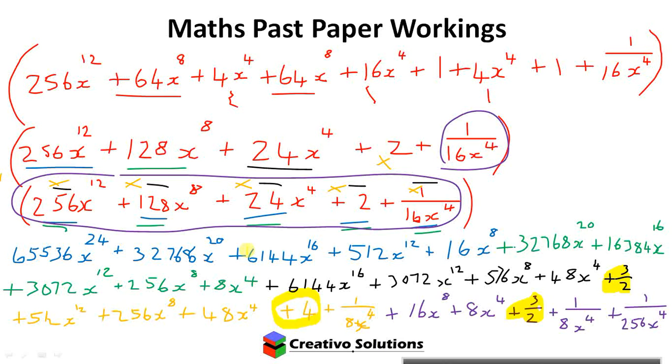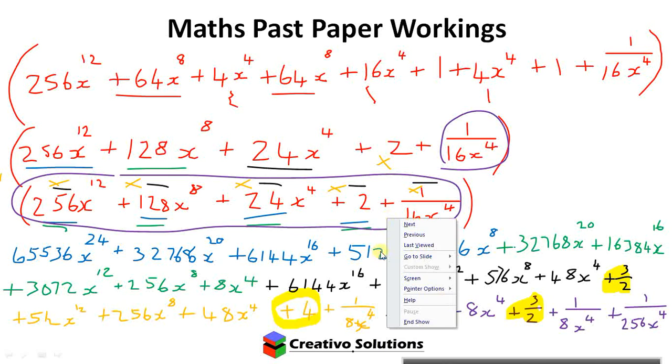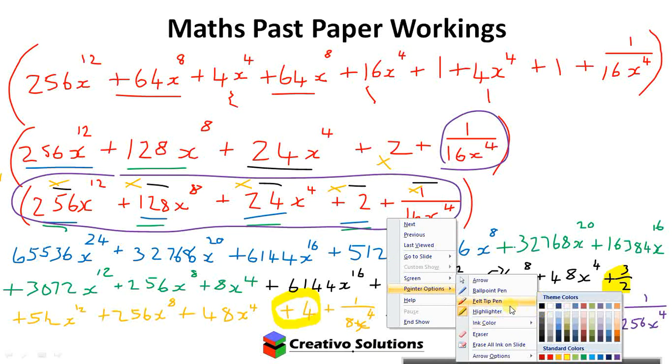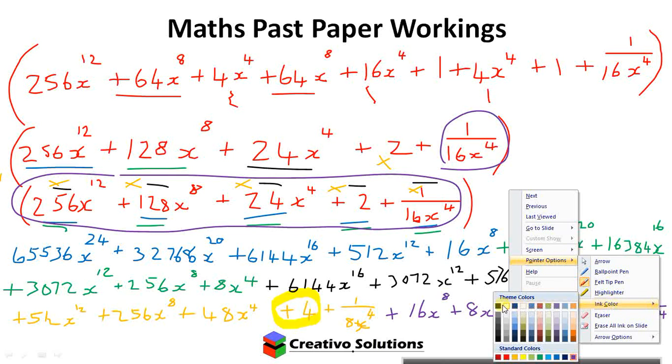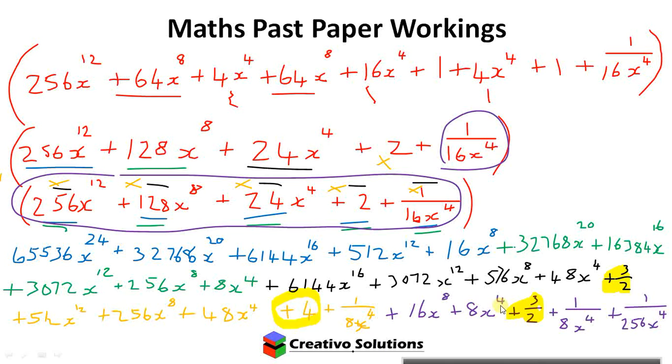Okay. Alright, so the final answer would be, let's write down the final answer. 4 plus 3 over 2 plus 3 over 2 equals 7.